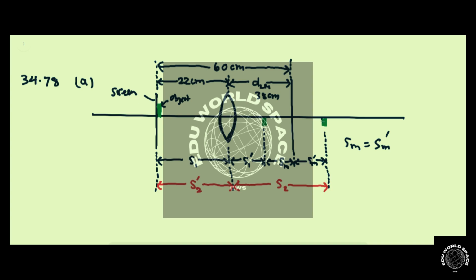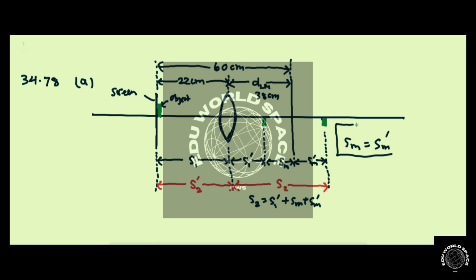Okay, and now what will happen is that this lens, because the light is being reflected back through, will see effectively an object now that's at S2. So then S2 is S1 prime plus SM plus SM prime.